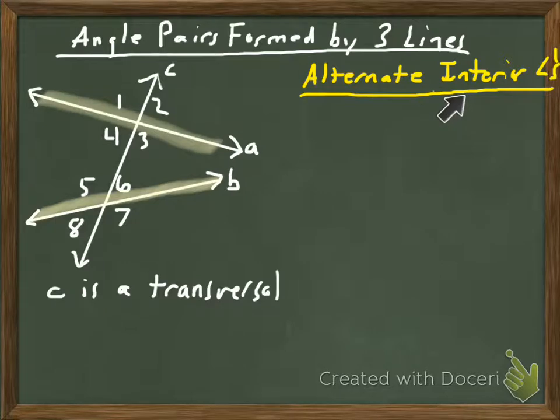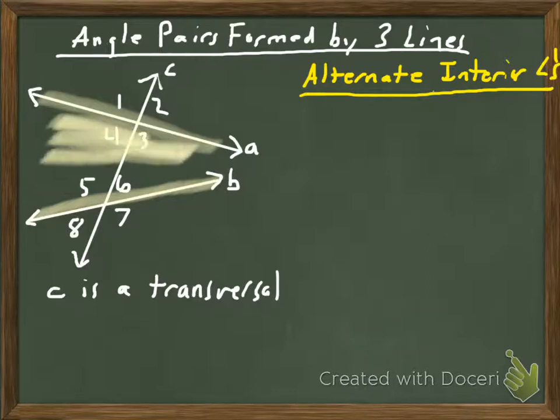When we're talking about interior angles, when you have three lines like this, we're talking about the angles that are between the two lines being cut by the transversal. So I'm going to highlight this. This would be considered the interior of those two lines being cut by a transversal.